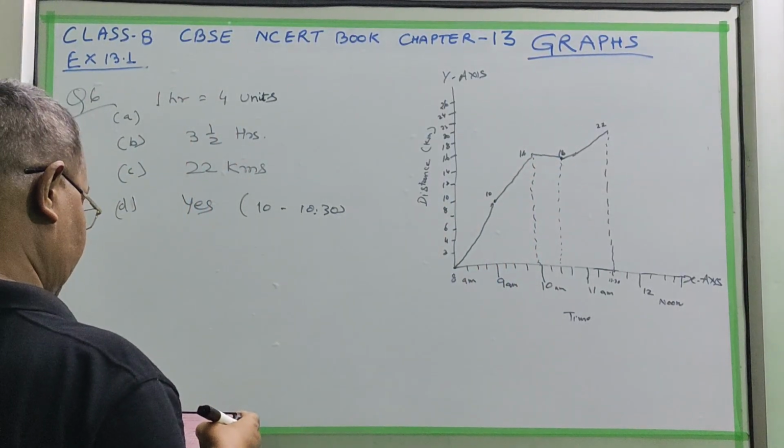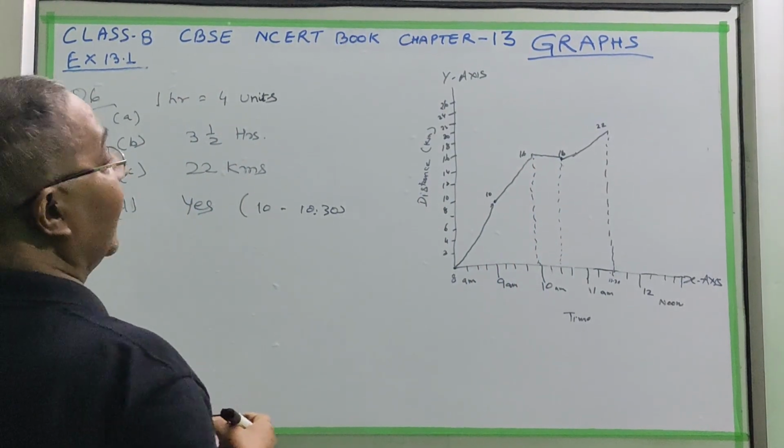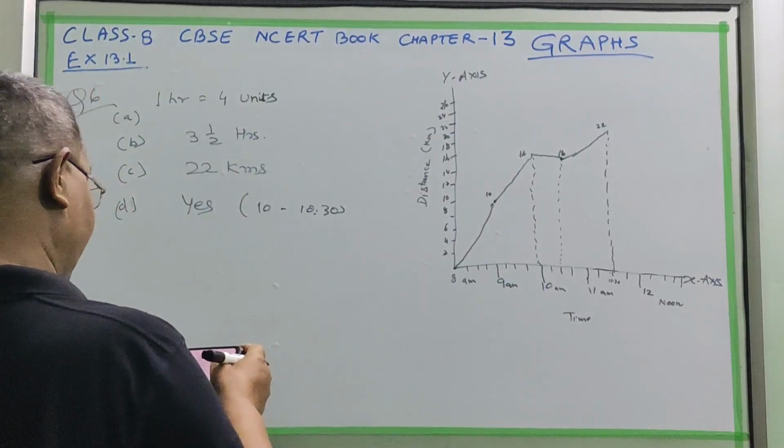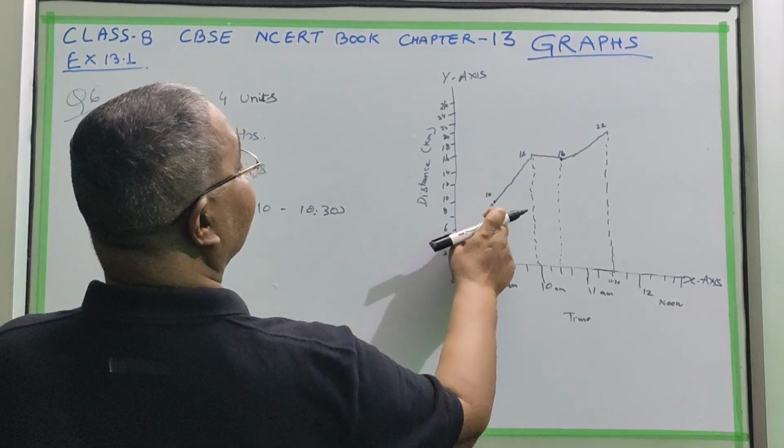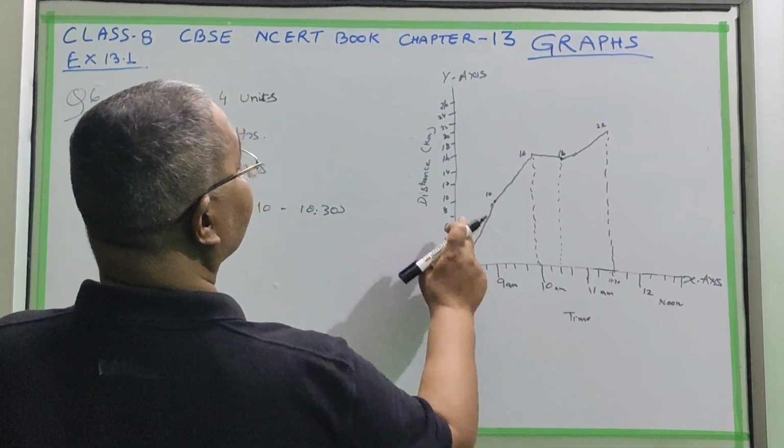Then during which period did he ride fastest? You see the graph. From 8 to 9 am, he has covered 10 kilometers in 1 hour. But next only 6 kilometers, then nil, and then again 6 kilometers. So the maximum distance he has covered is from 8 to 9, 10 kilometers.